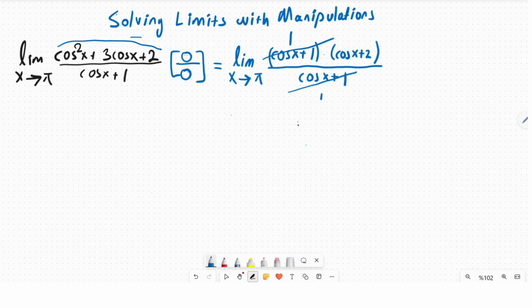We got 1, 1. Now we are ready to substitute the limit point x is equal to pi into our expression. This term is going to minus 1. This is constant. And this is going to 1. And finally, we can find the limit value 1.